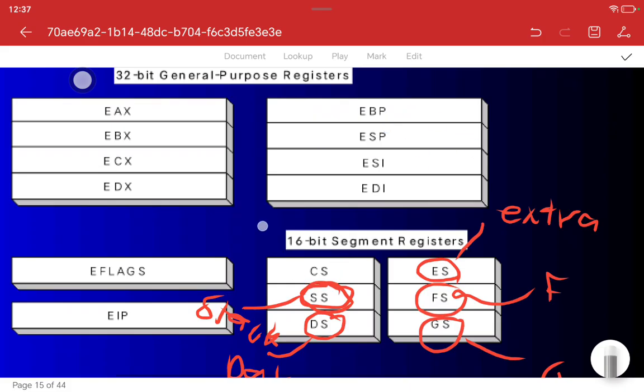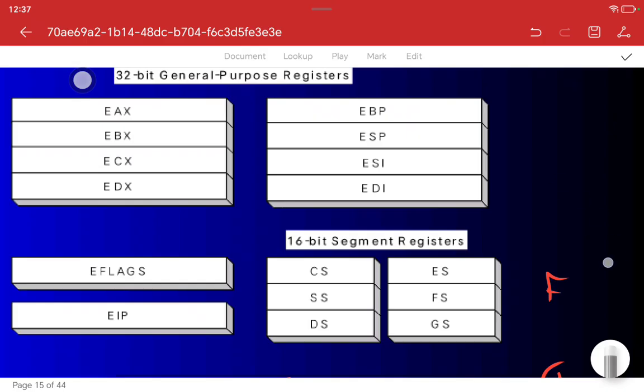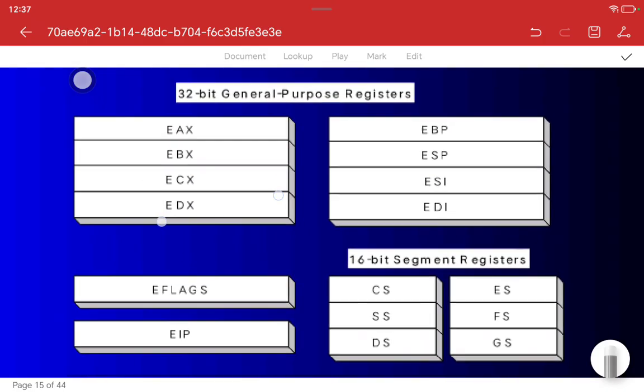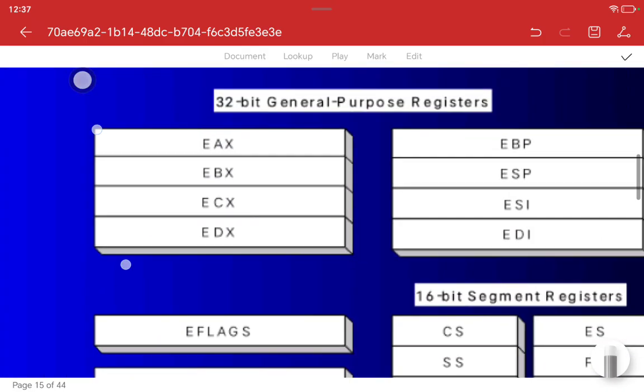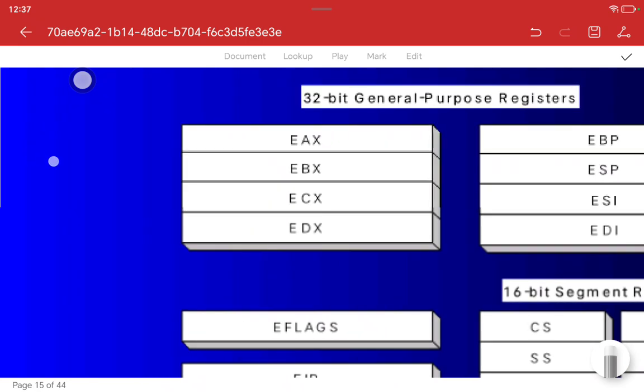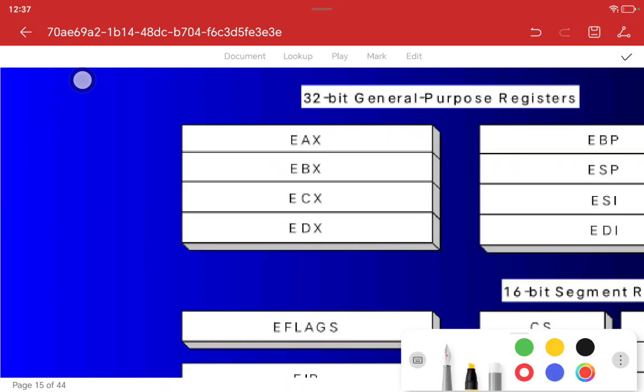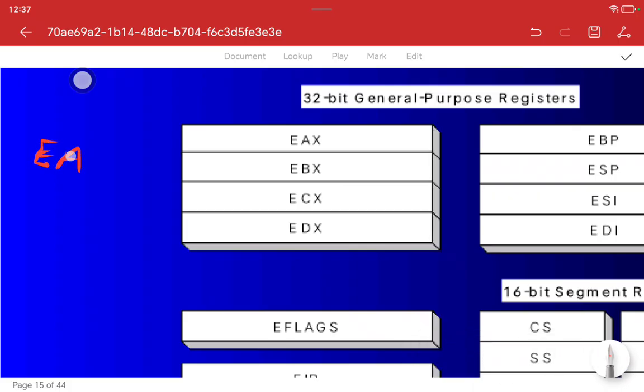Now the next thing we're gonna look at is, if we go back to our 32-bit registers, we have what we call EAX. This 32-bit register, EAX, can be broken down into two. We can have AX and something else. When we have this AX, this one is 16-bit, but it's not a segment register, it's just a 16-bit register.